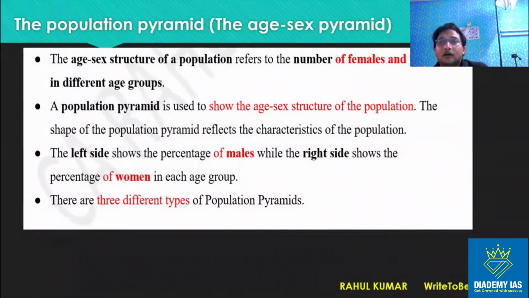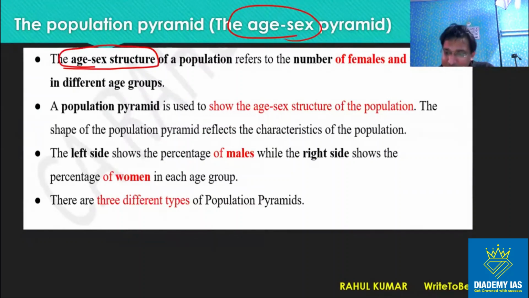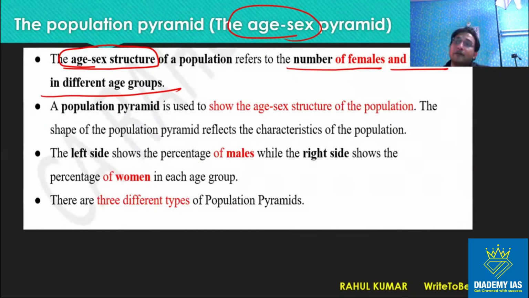Now, the concept of population pyramid, right? So at this point of time, we should also know population pyramid or age sex pyramid. Okay? So what is the meaning of population pyramid or age sex structure? Age sex structure basically means the number of female and male in different age group. How much male in the age group of 0 to 14, between 15 to 59, or more than that.